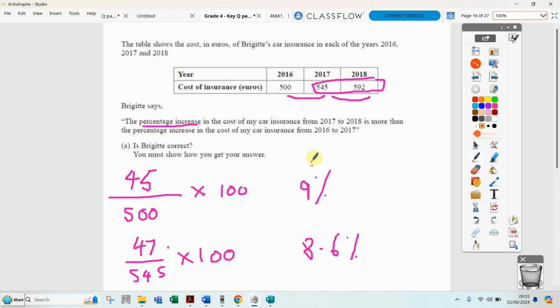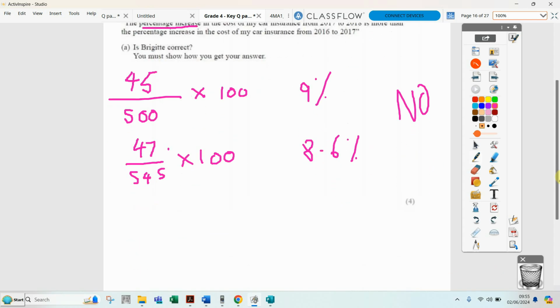She believes that the percentage increase in 2017 to 18, which is the second one, is more than the percentage increase from 2016 to 17. So it's actually slightly less. So is she correct? No. Just say that she's no.